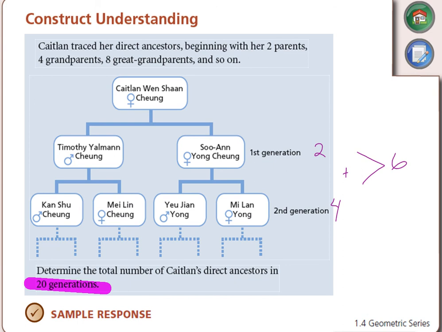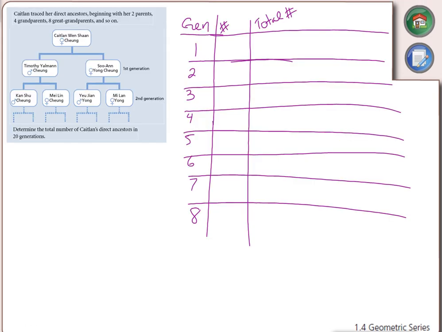I suggest in this, make a table for yourself. All right, so we've got a table something like this. In generation number 1, the number of people was 2. So the total was 2. In generation number 2, there's 4 of them. So then that's going to be 2 plus the 4, which gives us a 6.